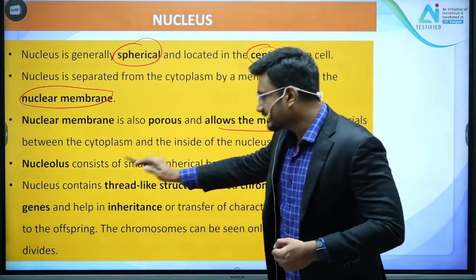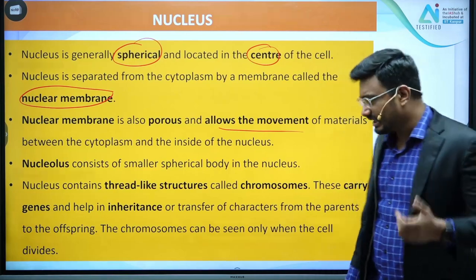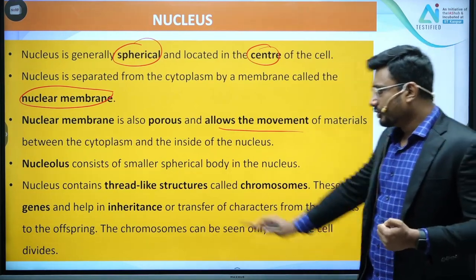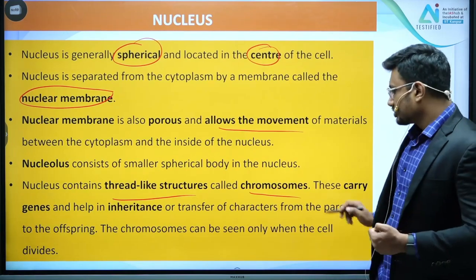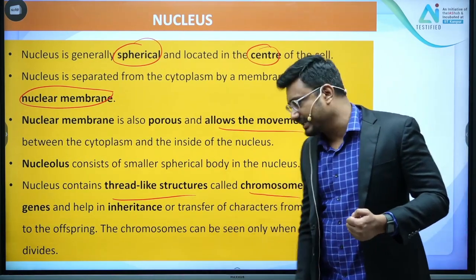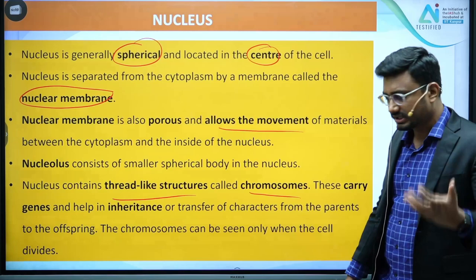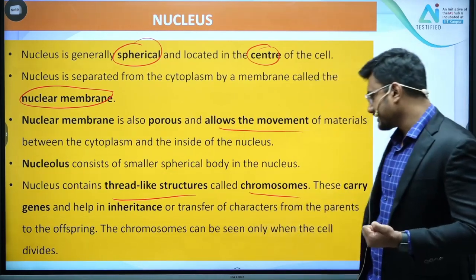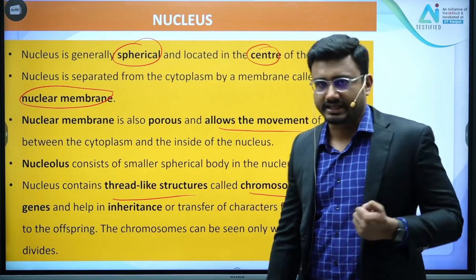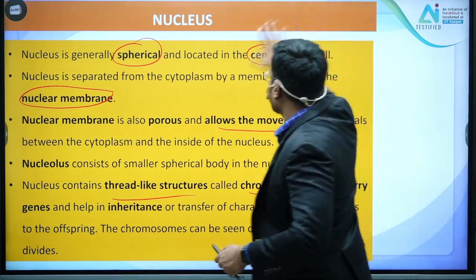The nucleolus is a smaller spherical body in the nucleus. The nucleus contains thread-like structures known as chromosomes. These carry genes and help in inheritance, or transfer of characters, from the parents to the offspring. The chromosomes can be seen only when the cell divides. Now let's move on to the next slide.